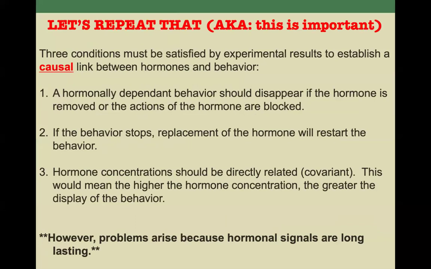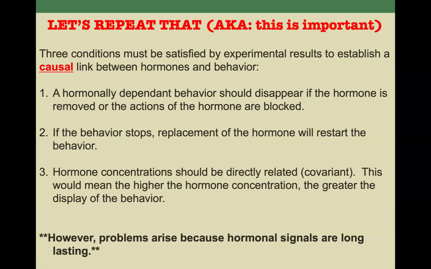So again, these three conditions must be satisfied by experimental results to establish a causal link between hormones and behavior. First, you need a hormonally dependent behavior to disappear if the hormone is removed or the actions of the hormone are blocked.